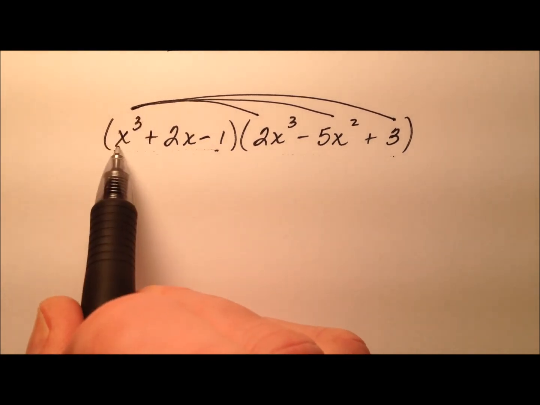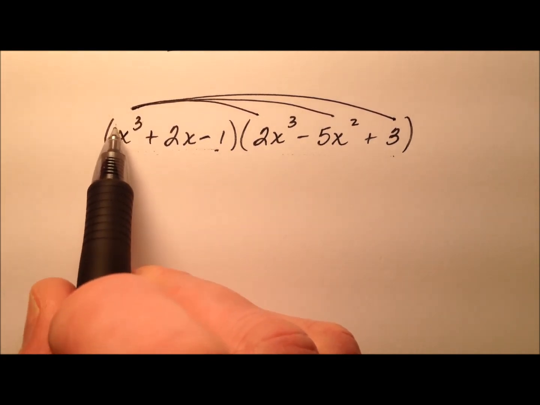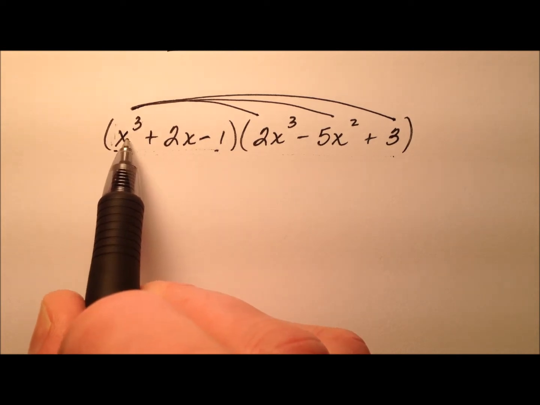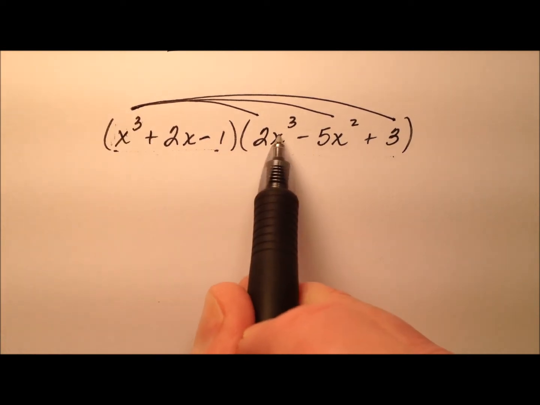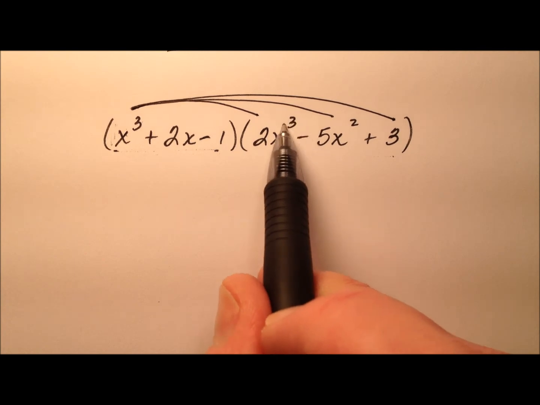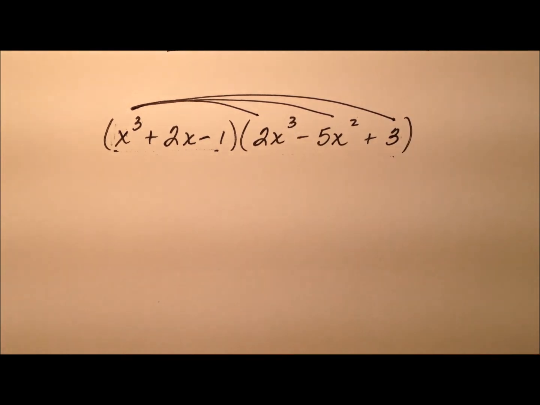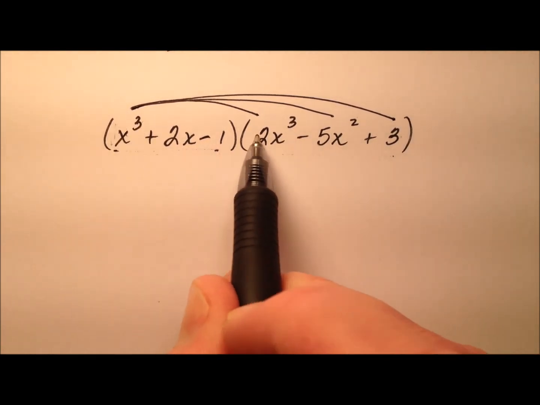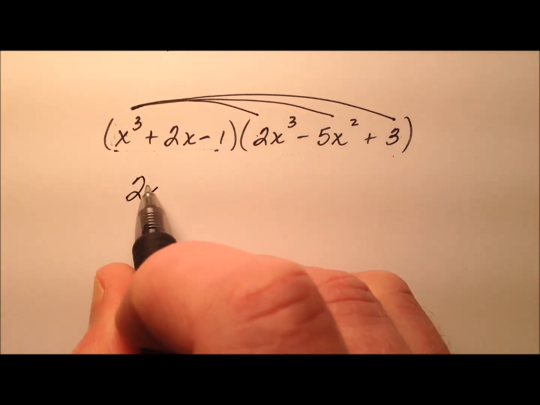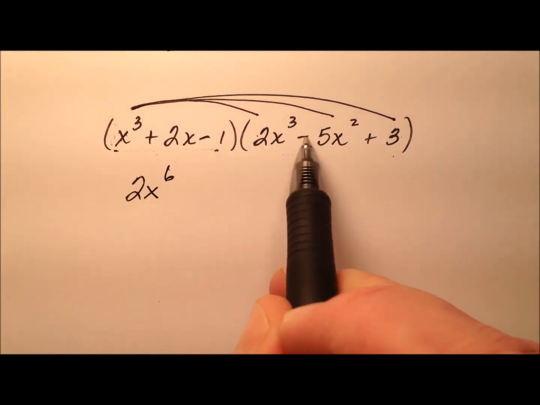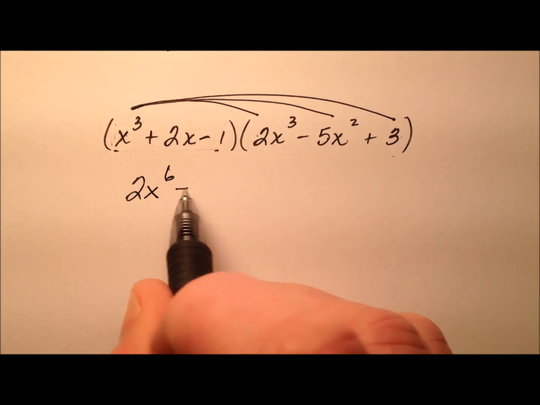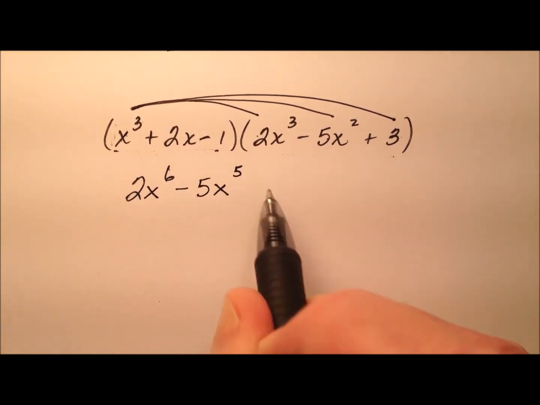So we'll start with the x cubed, and the coefficient here is 1, so really all I'm doing is adding 3 to these exponents, right there and there, and then putting the x cubed with the 3 there. So x cubed times 2x cubed will be 2x to the 6th. X cubed and minus 5x squared will be negative 5x to the 5th.